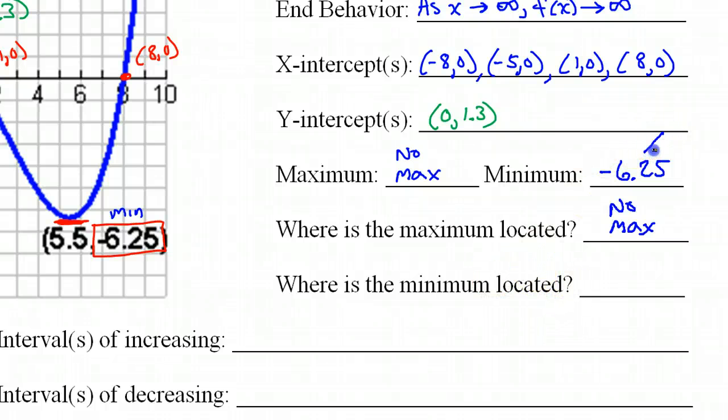Maybe I'll make little side notes here. This is a y value. But this is going to be an x value. So where is the minimum located? So this is the location. 5.5.